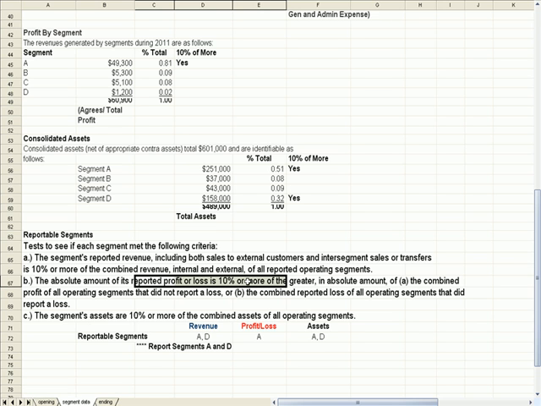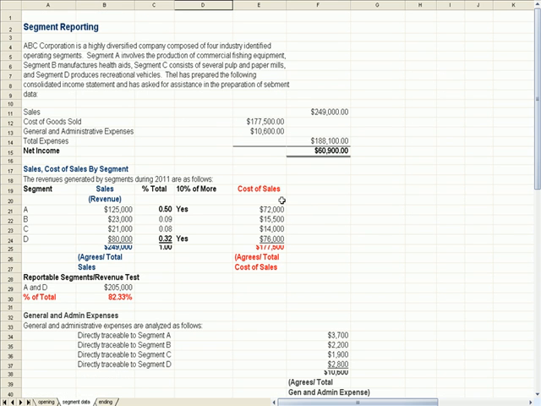So that would be either profit, the absolute value, whether it is a profit or a loss. Looking at it in terms of dollars, if we lost $10, is that $10 loss 10% or more of the total profit and loss? And finally, are the assets 10% or more? We're going to find out in this example that 2 of the segments need to get reported. And then we're going to do something on total revenue here in a minute.